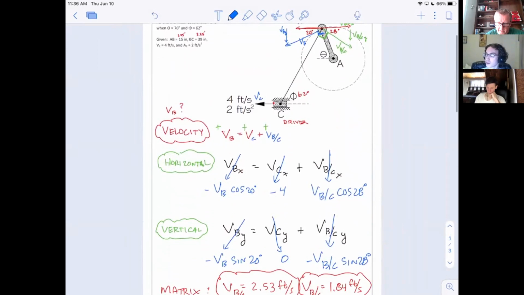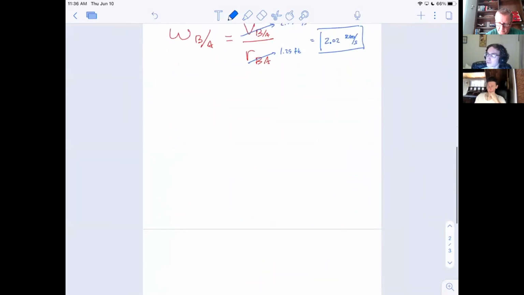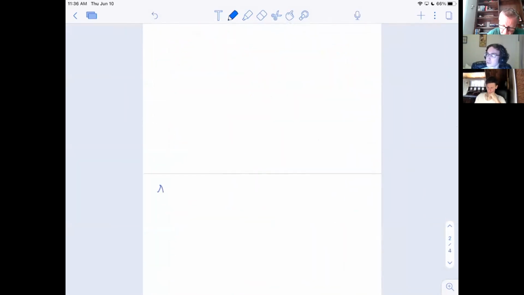So we got velocity worked out. Let's see if we can get acceleration worked out.